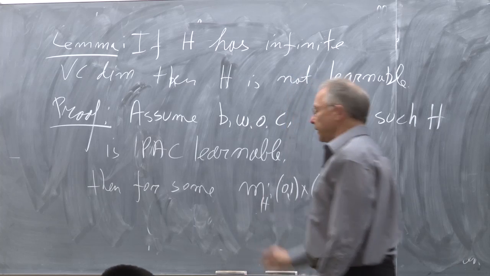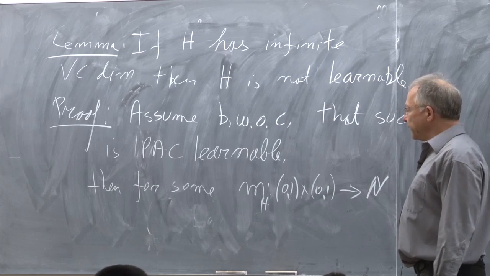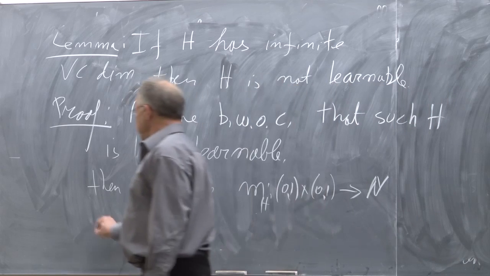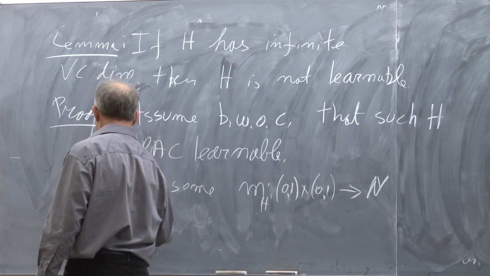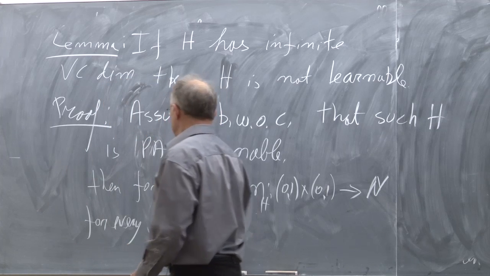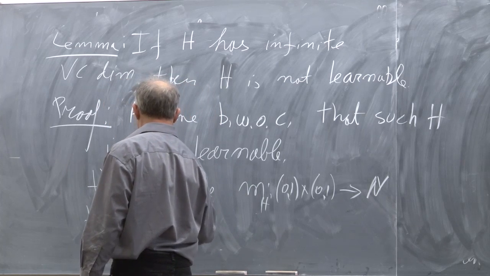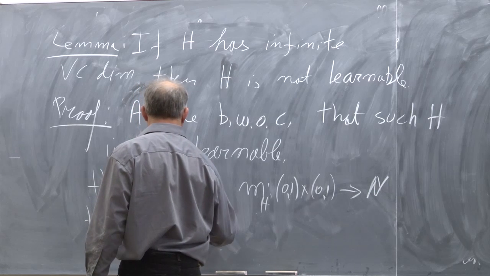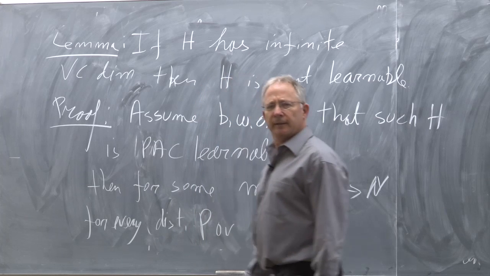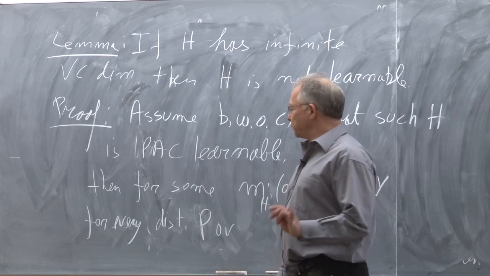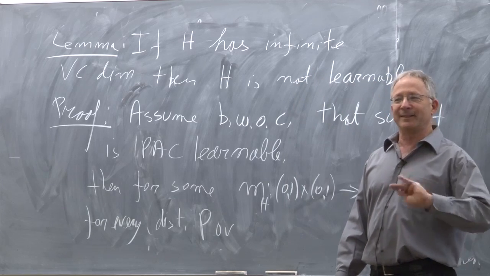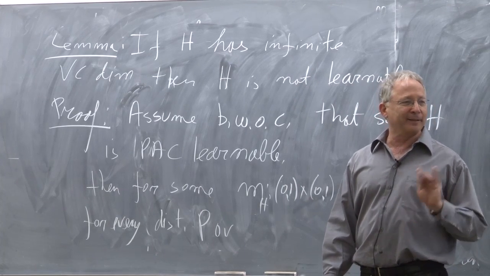We have a guarantee that for every distribution P, or did I call it P or D in our definition? Not that it should confuse you, but in case it does, I want to repeat the same letter. So when we defined PAC, did I use P or D?